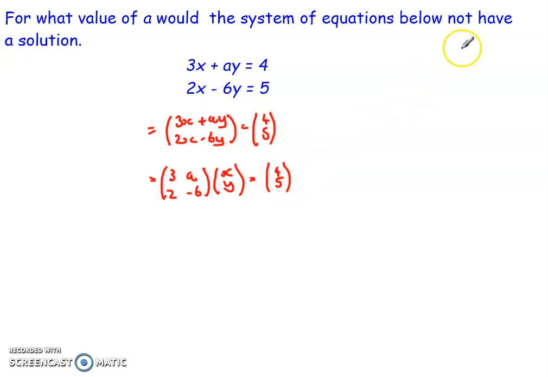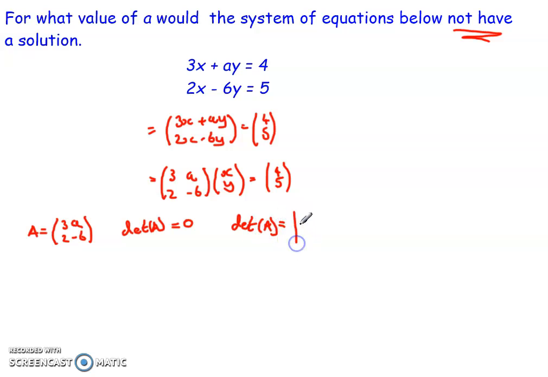Now, for the system of equations to not have a solution, if I let A equal the matrix 3, a, 2, and negative 6, then the determinant of A would have to equal 0 for it to not have solutions. So the determinant of A is the determinant of 3, a, 2, and negative 6.